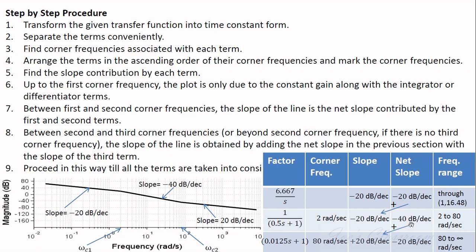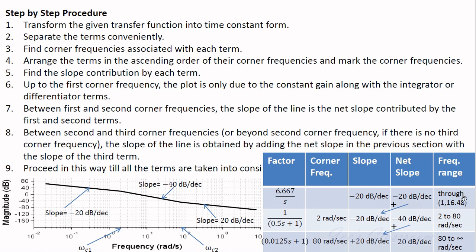And for the second term, the net slope is minus 20 minus 20, these two together, that's minus 40. And this minus 40 plus this plus 20 is going to be minus 40 decibels per decade. That's the net slope here.